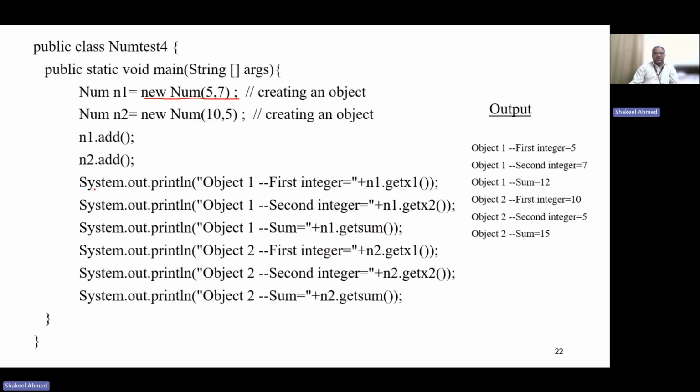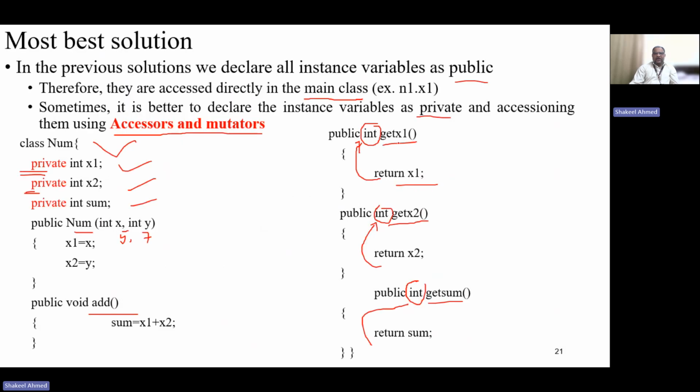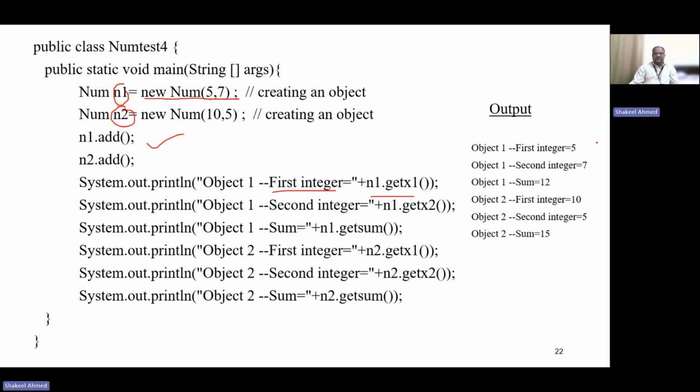Now I am calling n1.add as a method and n2.add as a method. Now the first integer is n1.getX1. So what is the value of x1 here? It is 5. getX1 is a method, which returns x1, so whatever the value that you give over here, it is returned, and we get the value as 5.